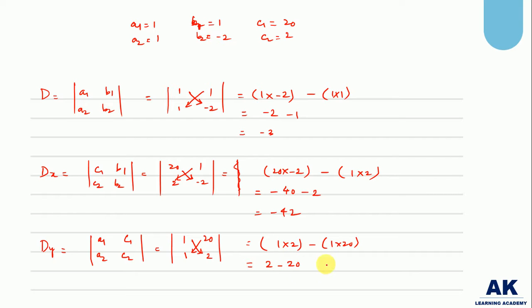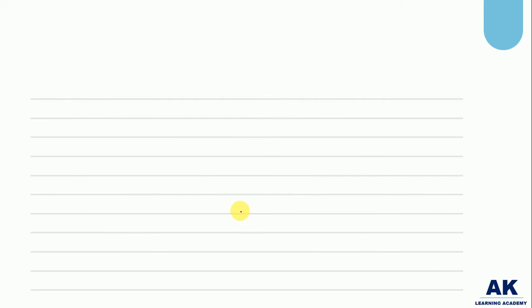So 2 minus 20 is minus 18, right? Therefore we have D is equal to minus 3, Dx as minus 42 and Dy as minus 18, right?